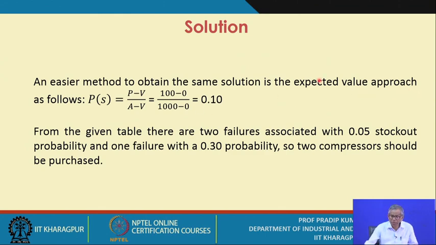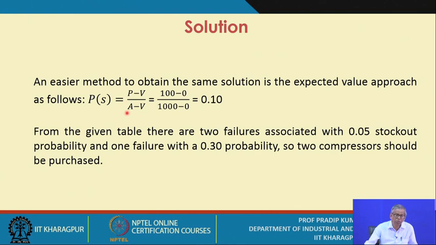Already we have explained what is that expected value, that means the probability of going out of stock. So, you have the expression for the optimum stock out probability, that is given as PS, and this value is (P minus V) divided by (A minus V). So, this is the purchase price P and V is assumed to be 0 in this case.